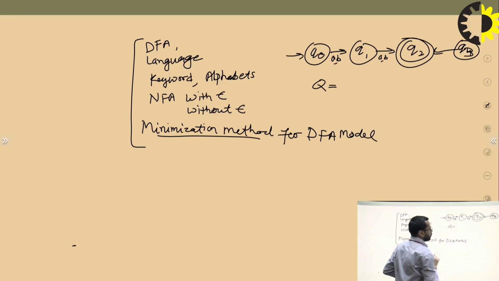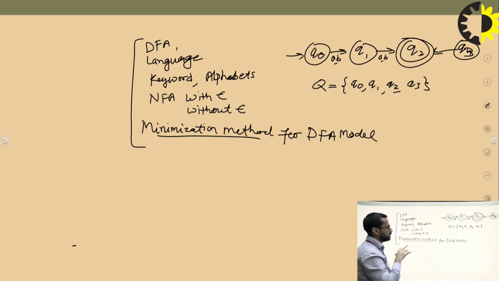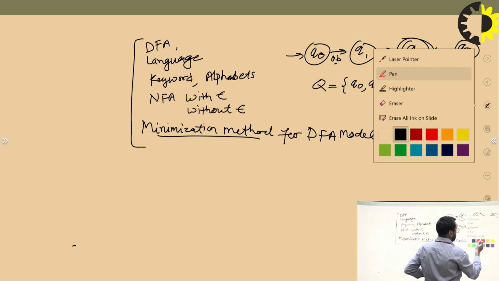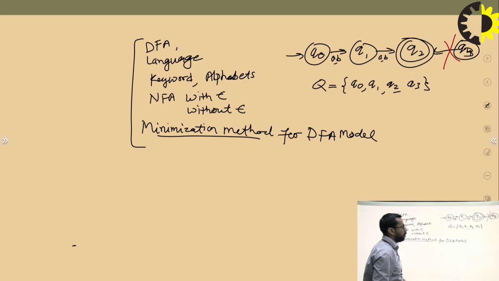In this particular example, we have four states, Q0 to Q3. Our basic principle is to minimize this, to reduce the states. In this question, we can eliminate Q3, which is considered an inaccessible state, because we cannot reach Q3.